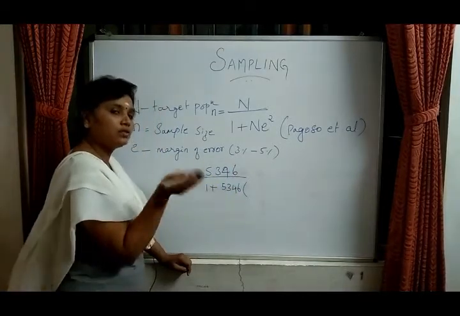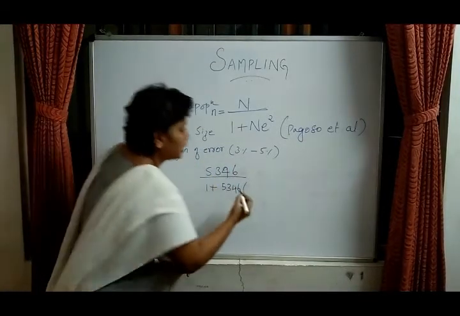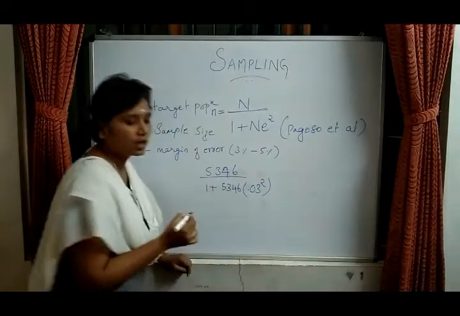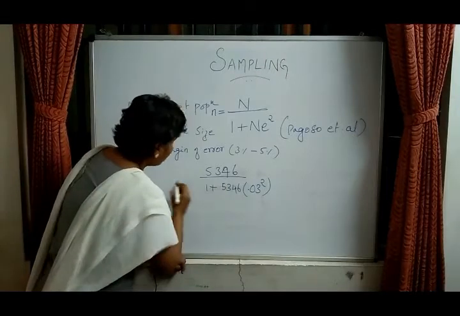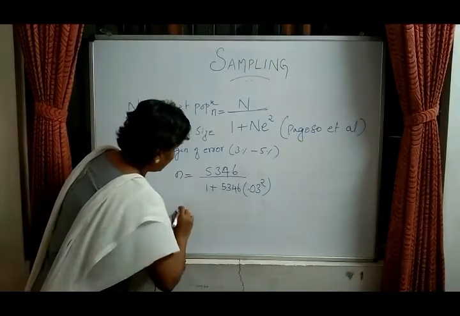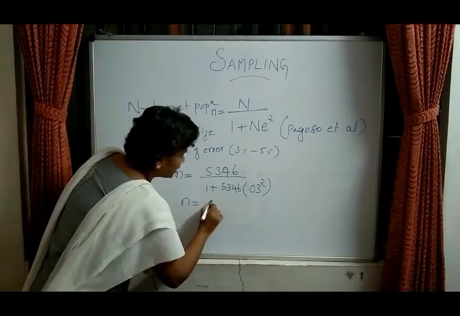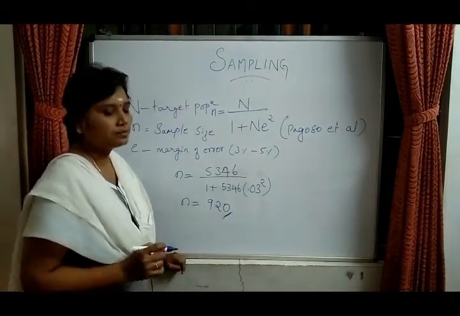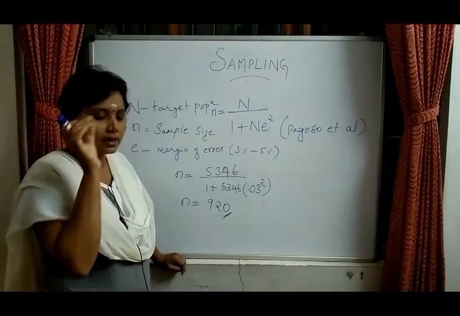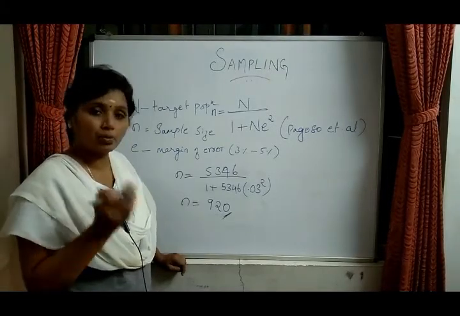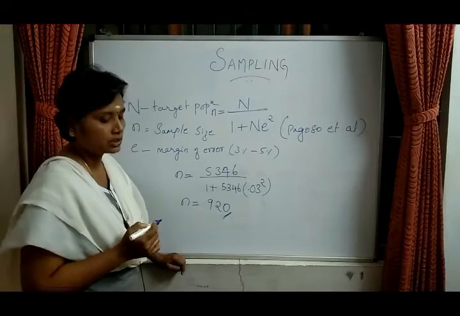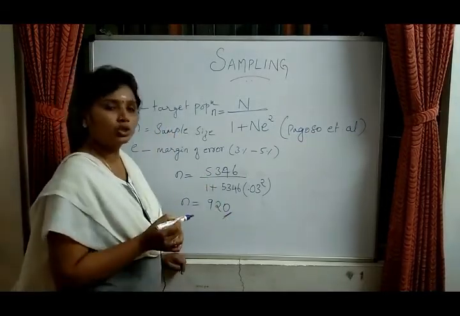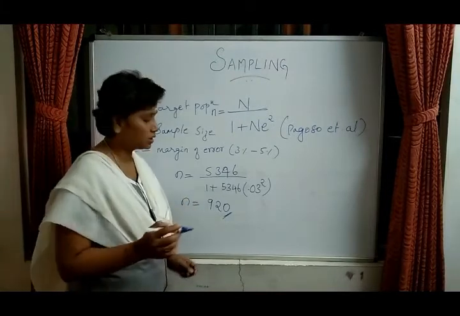Converting 3% into numerals, it is 0.03 squared. The sample size will be 920. Then there is the sample proportion, which means the sample size divided by the total target population.